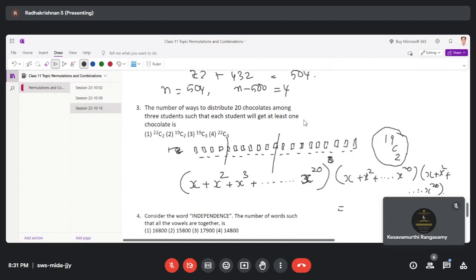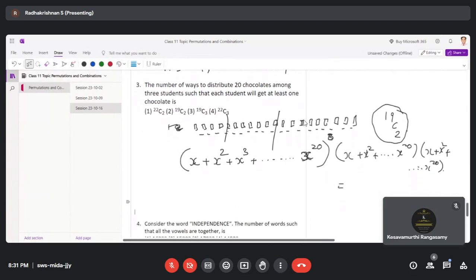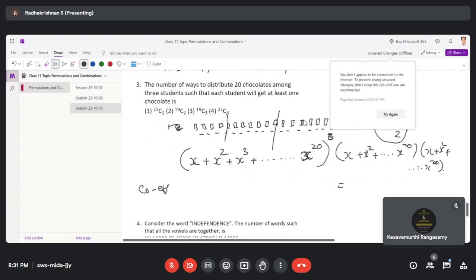So it can be 1 plus 2 plus 17, or 3 plus 2 plus 15, and so on. We will be able to count all the combinations. It means basically we need to count the coefficient of x power 20 in this expansion.